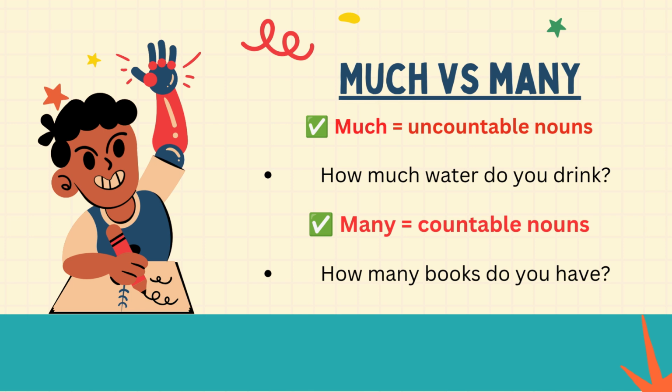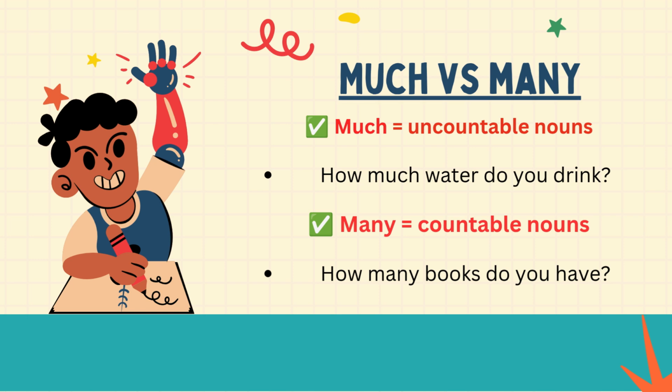Example, how much water do you drink? How much sugar do you need? How much time do we have? Water, sugar, and time cannot usually be counted one by one.